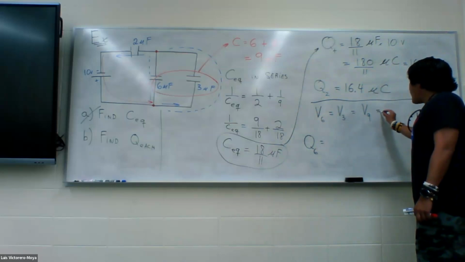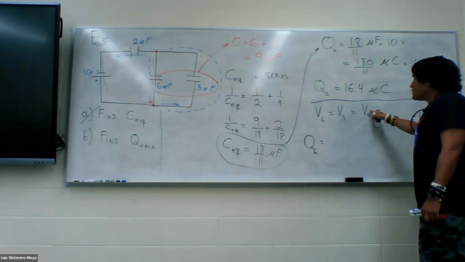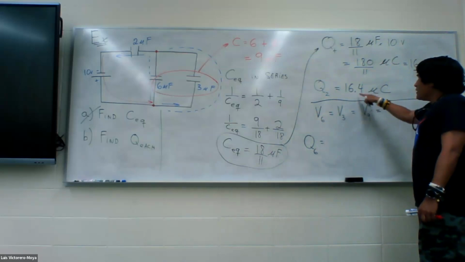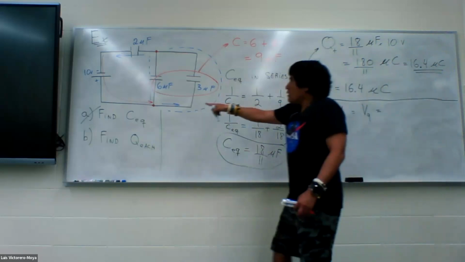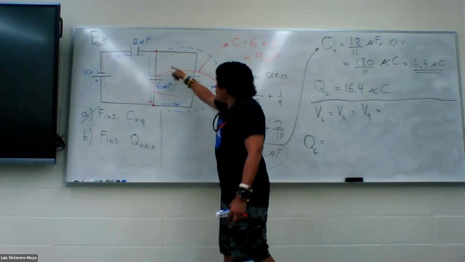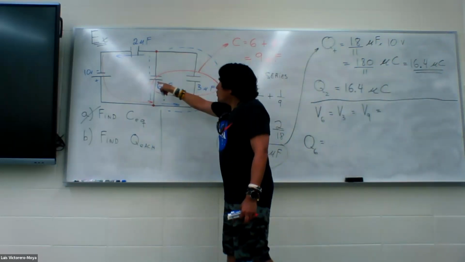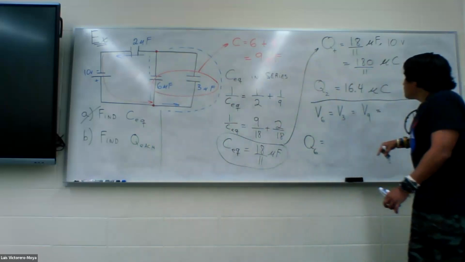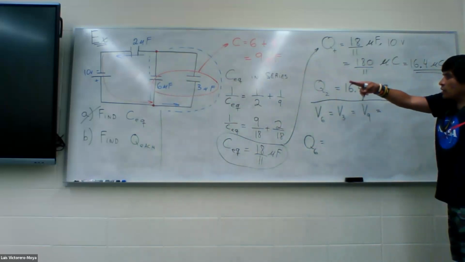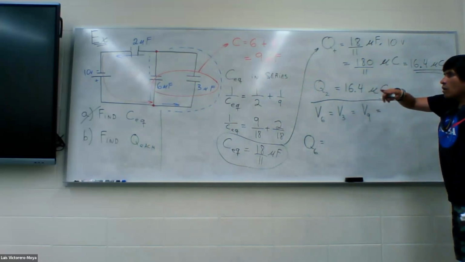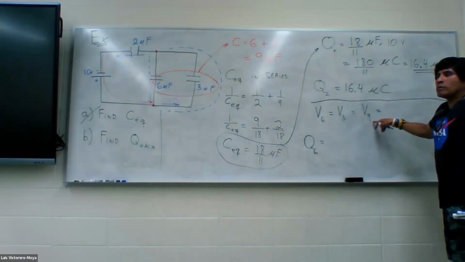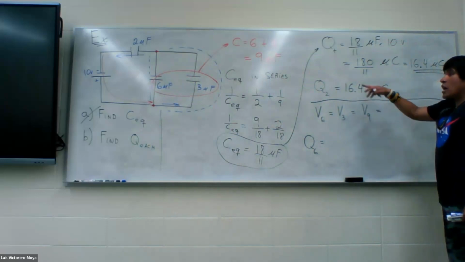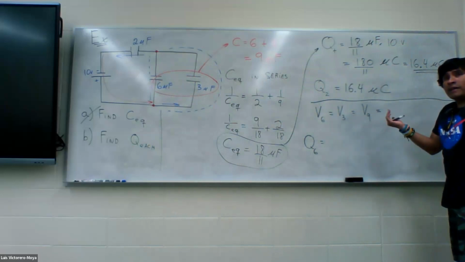Well, the voltage on 9 is the charge on 9, which is this, right? These two. The voltage of 9 will be the charge divided by the capacitance of the combination.